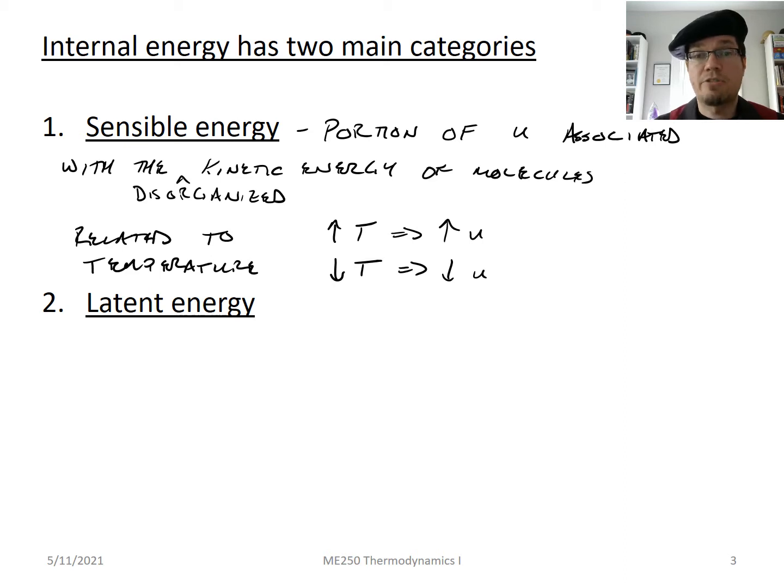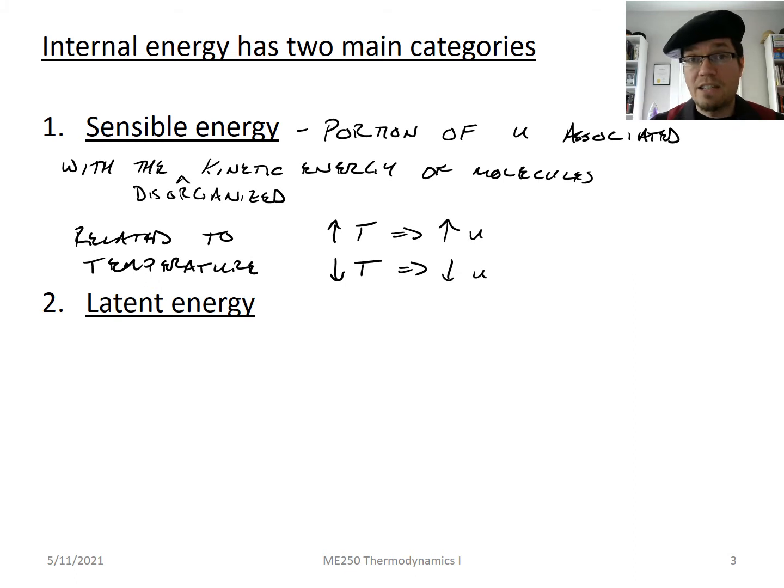So the sensible energy is the portion of that internal energy to do with all of those random vibrations and translations of molecules. We're not talking about the fact that on average they're all going from one place to another. That's kinetic energy. We're not talking about that on average they all go from down here to up there. That's gravitational potential energy of the large system. We're talking about the disorganized kinetic energy of the molecules themselves.